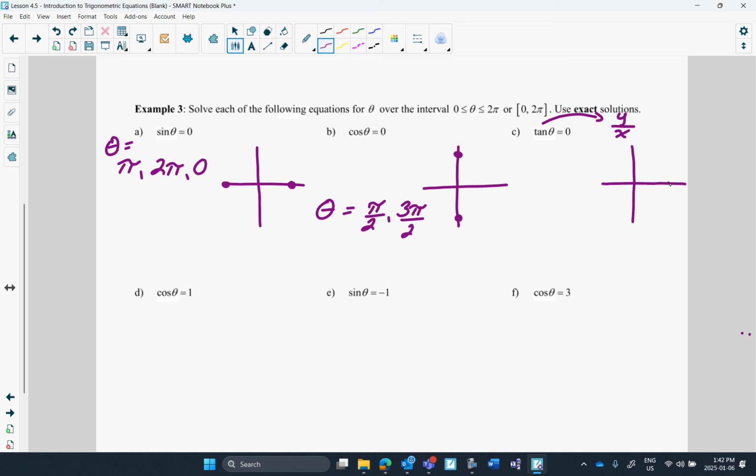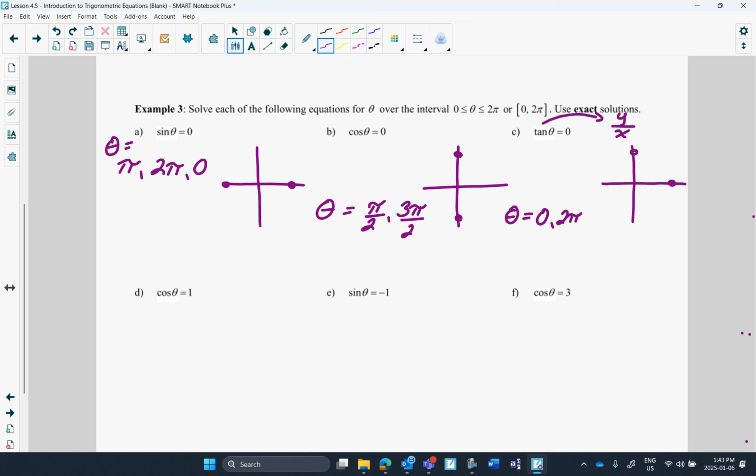Let's look at this one. What point is this? 1, 0. So the second one, 0, divided by 1 is still 0. So that works. So 0 is an answer, and so is 2 pi.